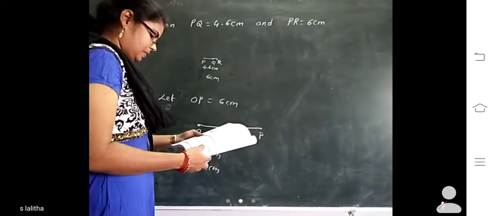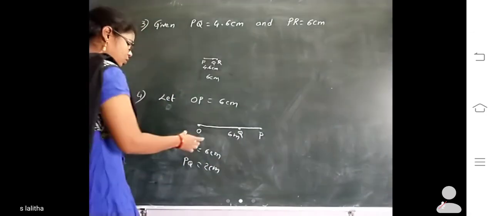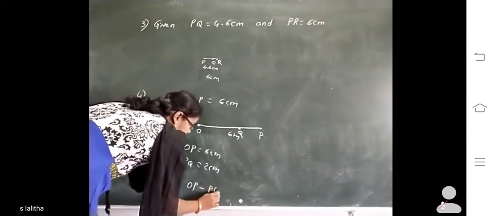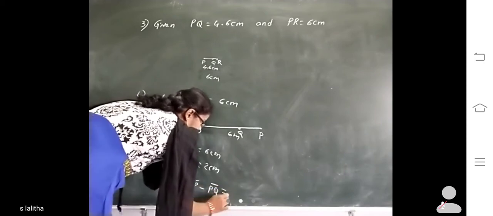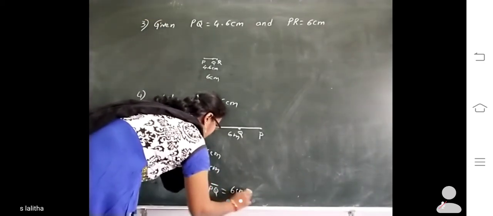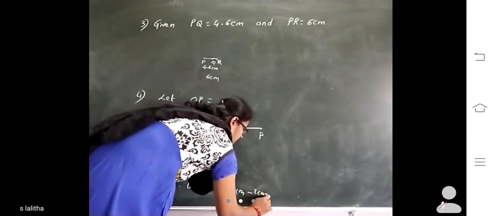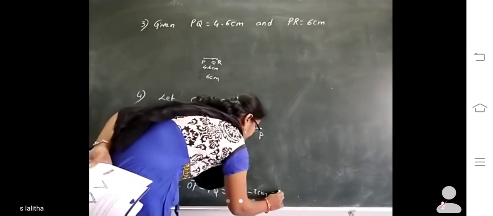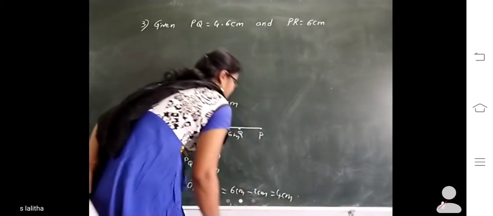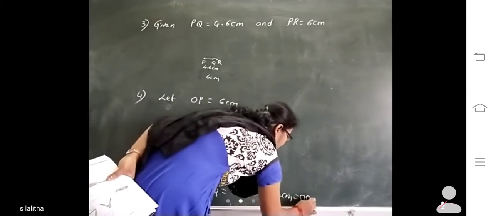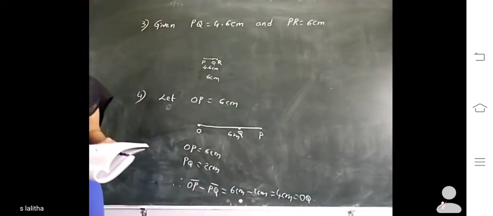So OP minus PQ is 6 centimeters minus 2 centimeters, how much? 4 centimeters. That is equal to OQ. Right.